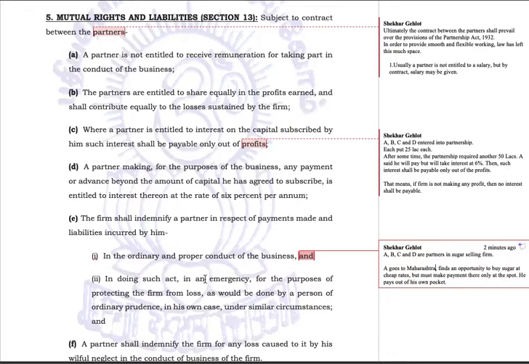In doing such an act in an emergency, like this is an emergency situation we discussed, for the purpose of protecting the firm from loss, as would be done by a person of ordinary prudence in his own case under similar circumstances. That means, in some emergency situation, suppose they are selling sugar and the firm has 2 tons of sugar in the go down, and one partner immediately comes to know that prices of sugar are going to fall very heavily.